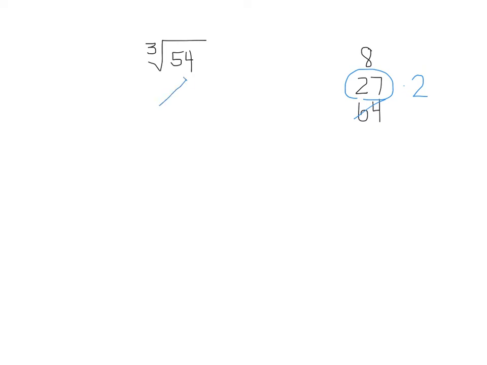Therefore, the cube root of 54 can be broken out into the cube root of 27 times the cube root of 2. And we know that the cube root of 27 is 3. Therefore, this simplifies to 3 times the cube root of 2.